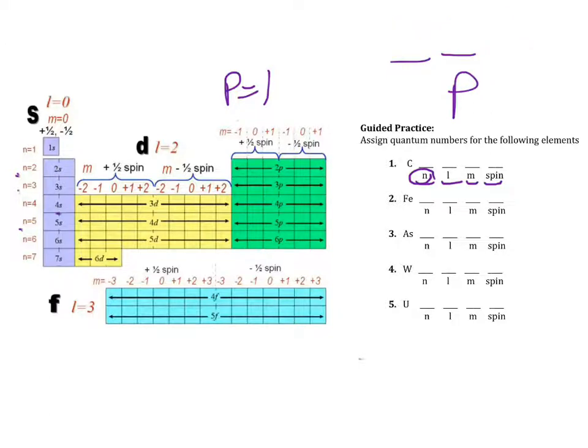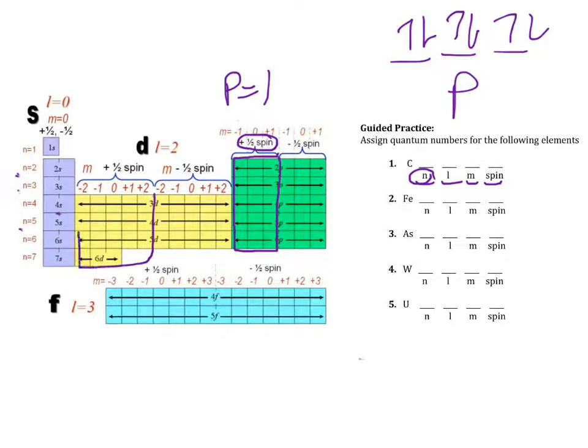We go up spin, up spin, up spin. So notice how the first half of them are positive 1/2, and then down spin, down spin, down spin, and the second half are negative 1/2. And so if you take a look here, the first half of a block is going to be a positive 1/2. So again, the first half of a block will be a positive 1/2.